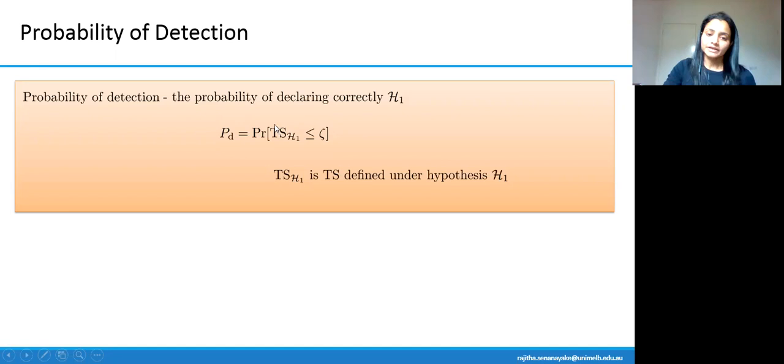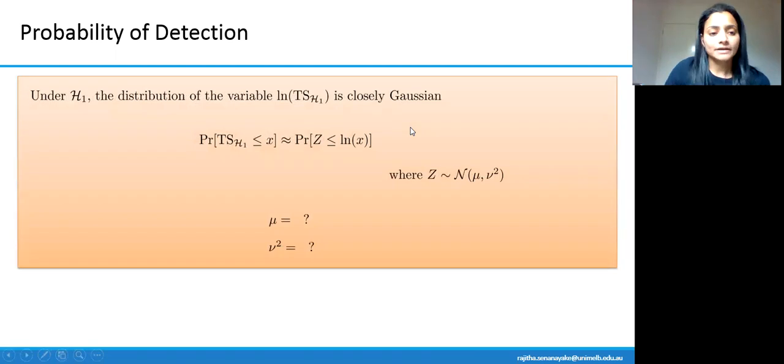Since this random variable takes a completely different form, in order to find its CDF we had to use a slightly different approach. Under the non-null hypothesis, we first noted that the log value of this random variable is closely Gaussian.